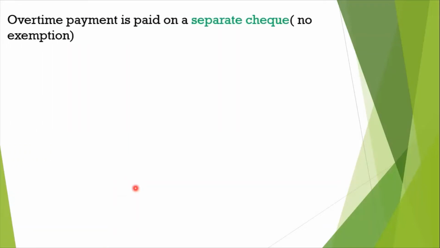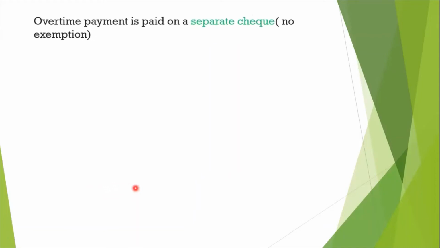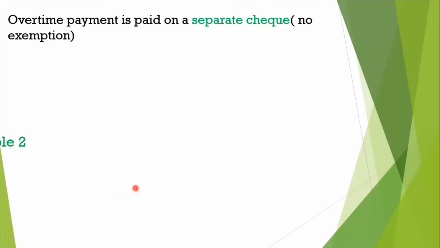So now let's do more examples. What if the overtime payment is paid on a separate paycheck? What makes the difference? Here there will be no exemption. The exemption is not going to be applied because the exemption is supposed to be applied only one time, and it has already been applied in the regular earnings that you have already been paid.